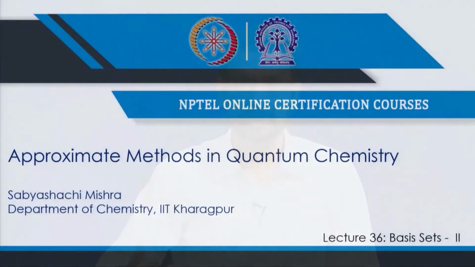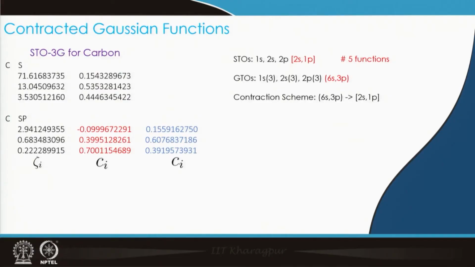So we introduced the so-called contracted Gaussian type function, and in this lecture we will look at the basis functions for several different atoms and how we can use them for our calculations.